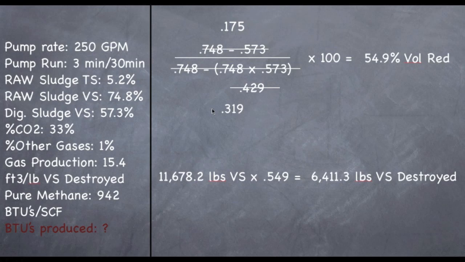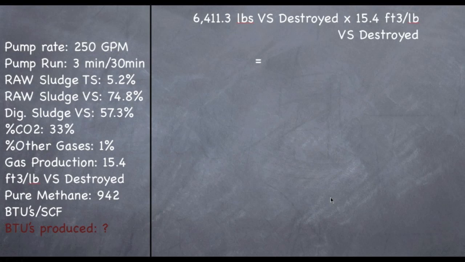And if we look over here, we get 15.4 cubic feet per pound destroyed. So all we need to do is multiply 6,411.3 pounds of volatile solids destroyed times 15.4 cubic feet per pound destroyed, which will give us 98,734 cubic feet of gas produced.